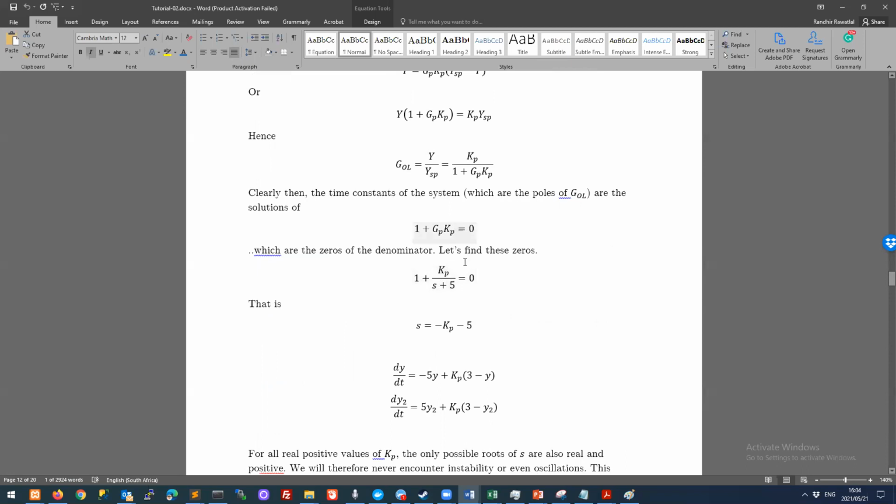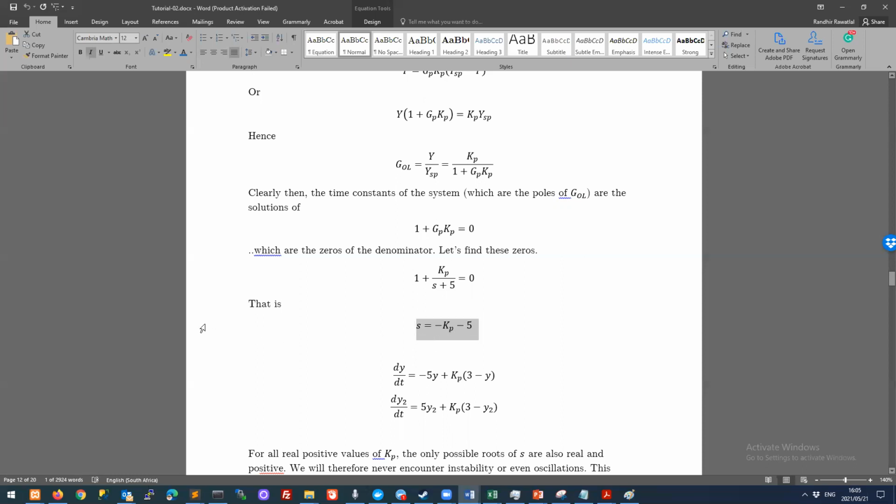And then you have to multiply by Kp as well. So that gives you this equation. And now if you solve for s, you multiply by s, you take the 1 across, and then you can rewrite it like this. So s is equal to minus Kp minus 5.